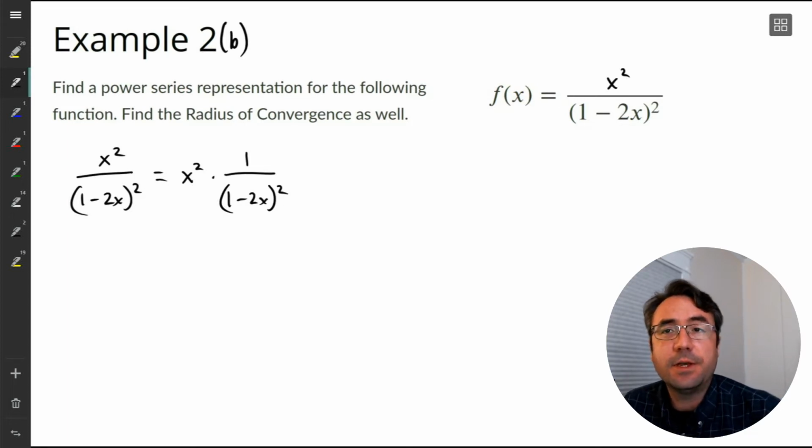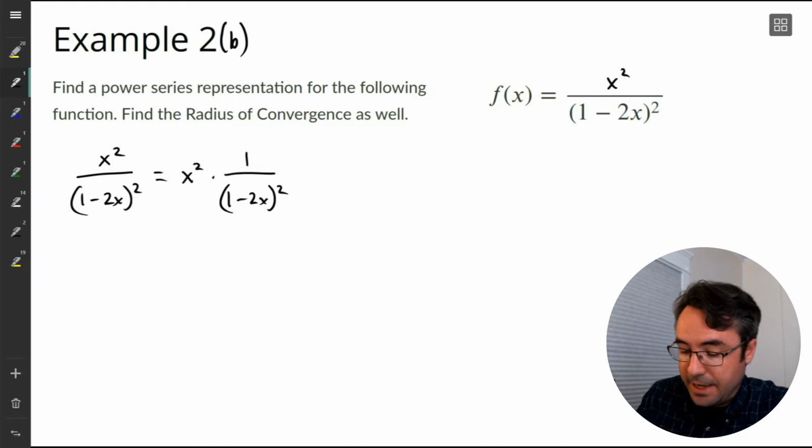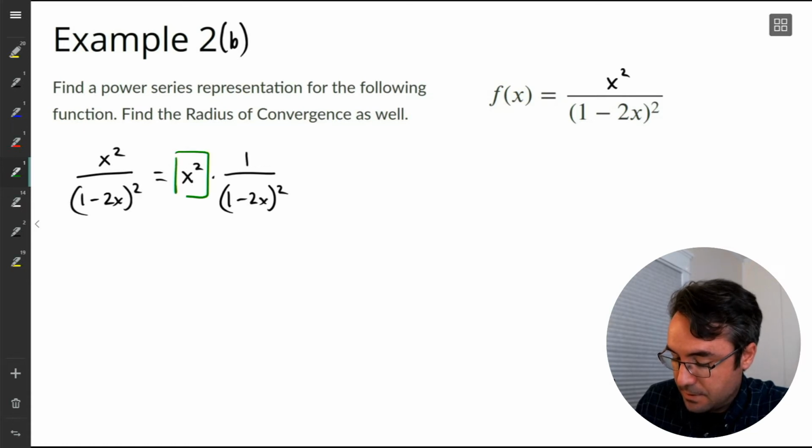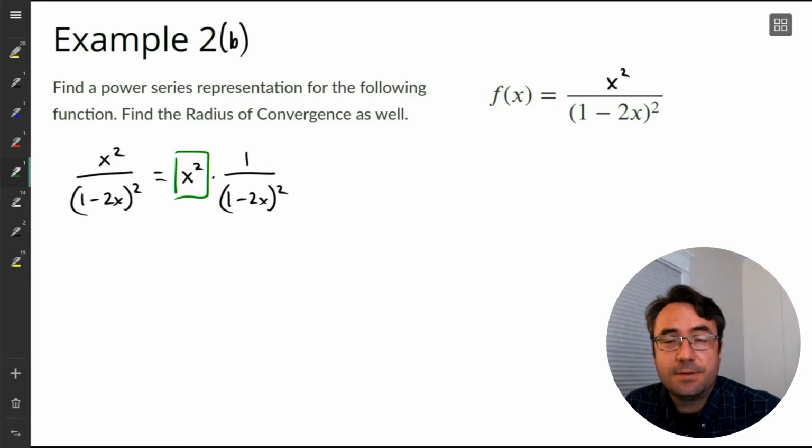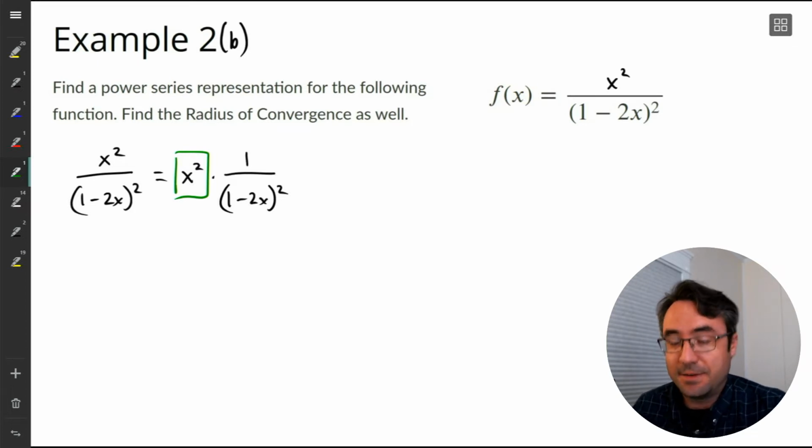And the ultimate goal here is to get a power series representation for this function. And if we look at the pieces, this one is good. That's already a power function. That's already x squared. That's as good as we're going to get it.